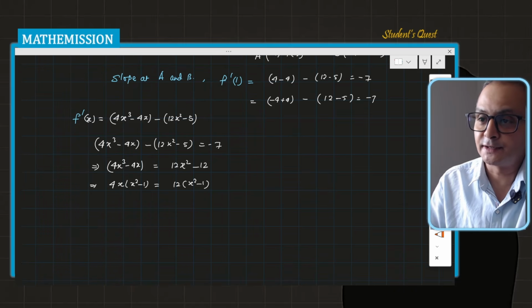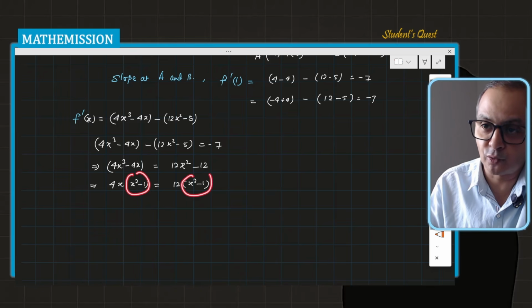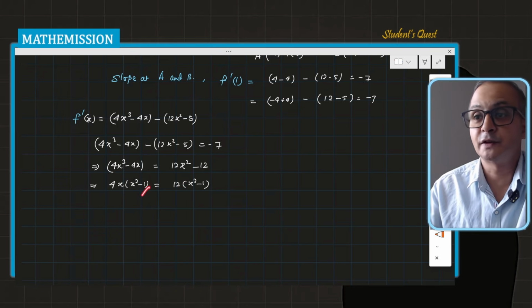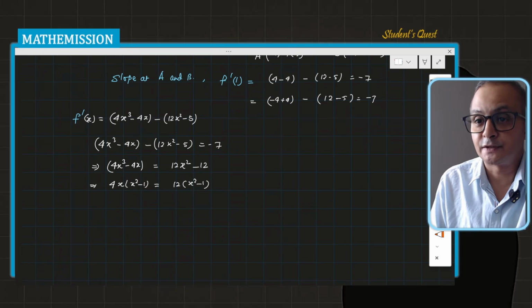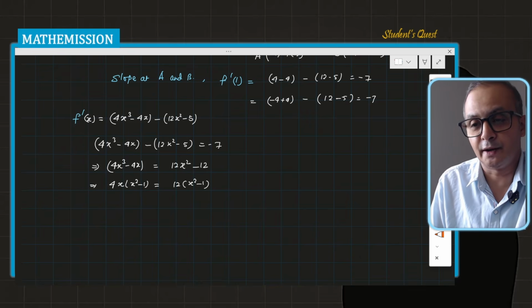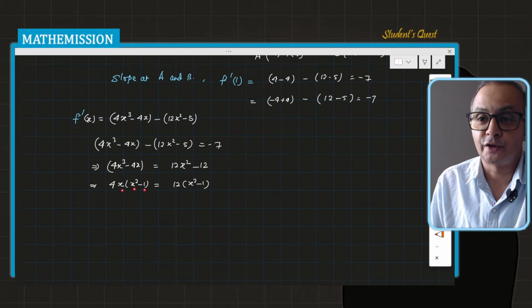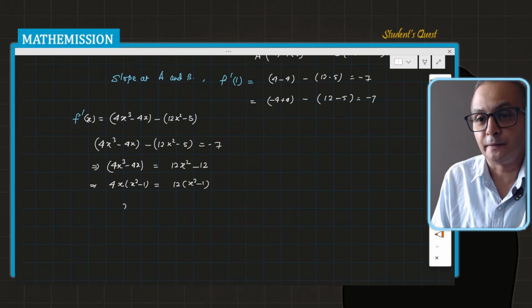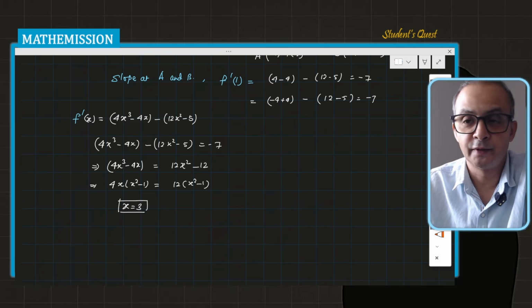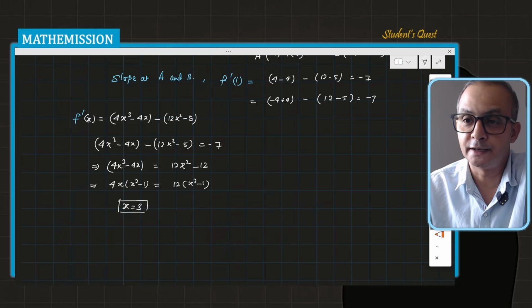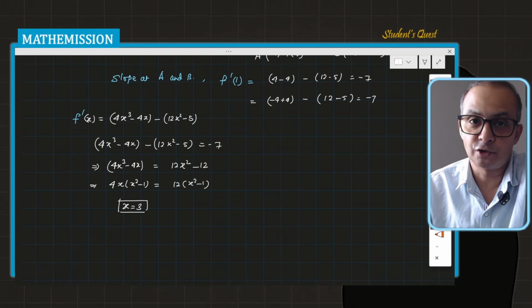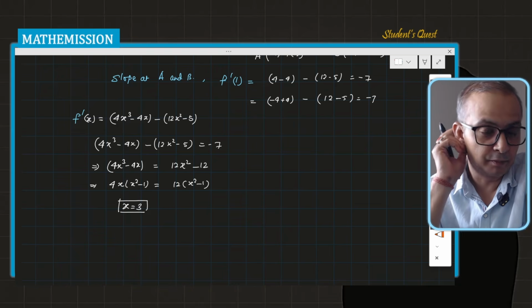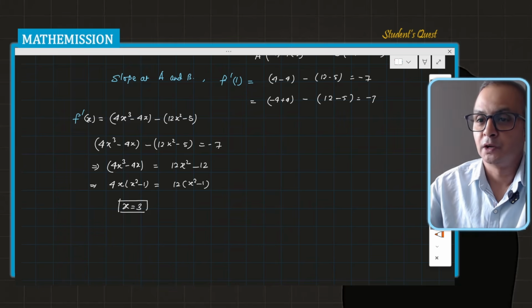Cancelling x squared minus 1 and x squared minus 1, which were giving the previous two values, 1 and minus 1, this equation is satisfied by minus 1, 1 and also 3. If I just cancel this thing, I get x equals 3. It means now we have all 3 values at which the slope is going to be negative 7.